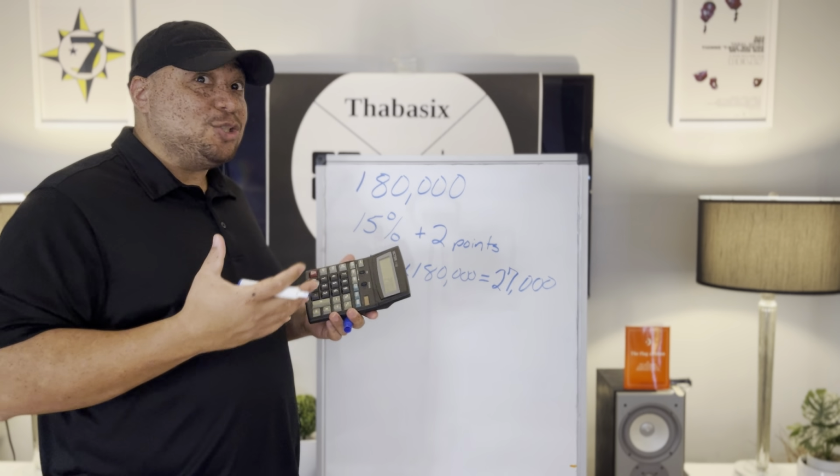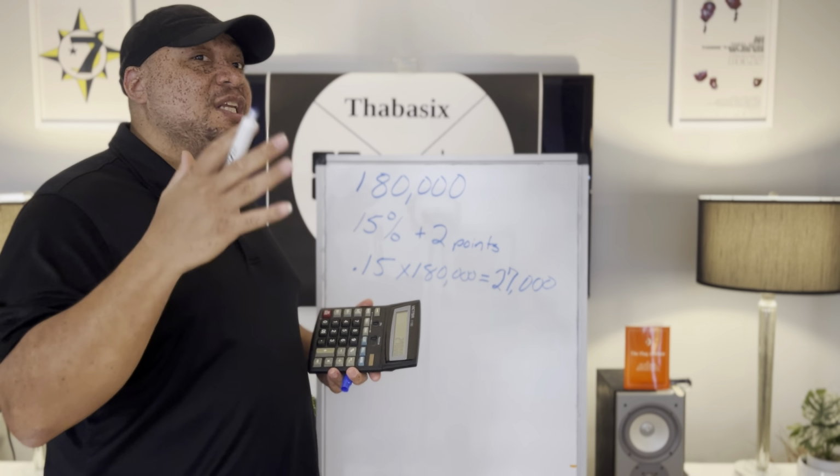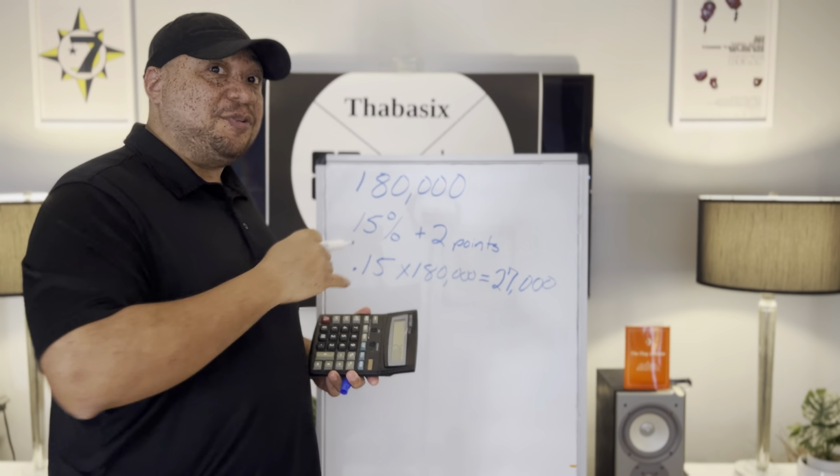But the key to this question is, you're not borrowing the $27,000, you're bringing that in. So you're not borrowing the whole 180,000 because you're bringing 27,000. So you're only paying points on the difference. You have to minus the 27,000 from the 180,000 and then calculate what 2 percentage points is of the difference.